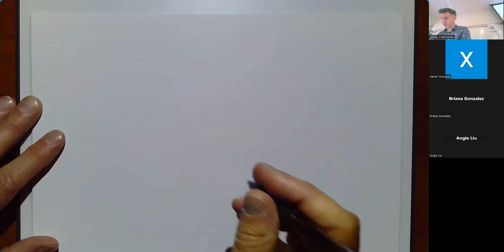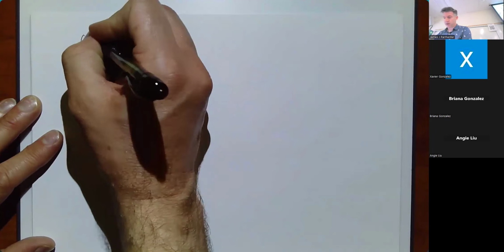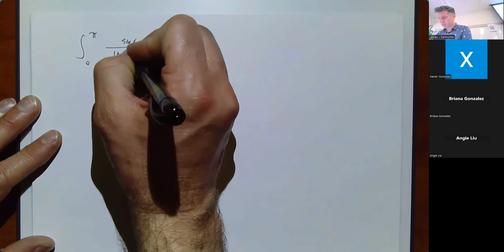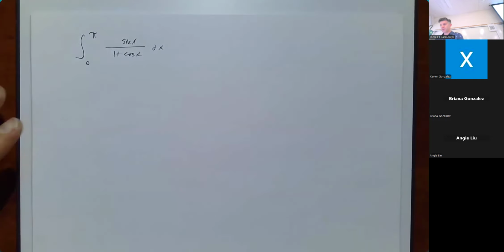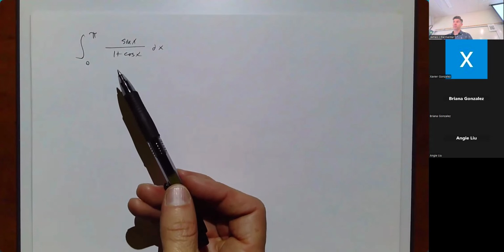So the next integral, the integral from 0 to pi of sine of x over 1 plus cosine of x. That function, the integrand, sine of x over 1 plus cosine x, is undefined when x is equal to pi, because cosine of pi is equal to -1, and 1 plus -1 gives me a 0 in the denominator.